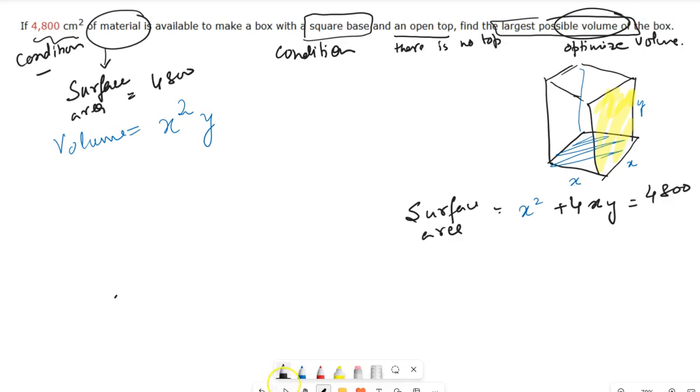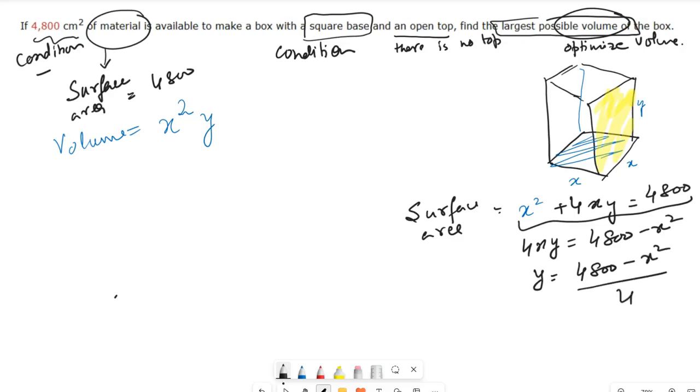How do I do that? I can figure out y from this equation. So 4xy is equal to 4,800 minus x², so y is equal to (4,800 minus x²) by 4x. I can put this in place of y.